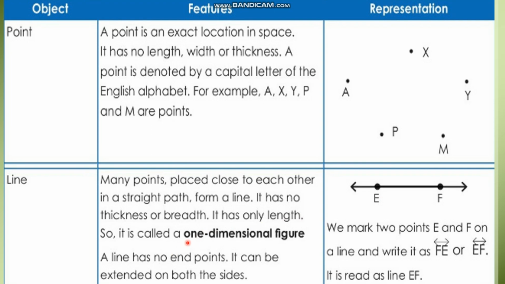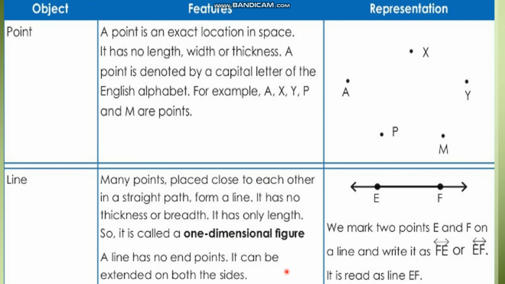What is dimension? The length, the breadth, the thickness, these all are the dimensions. Here the line has only one dimension, and that is the length. So the line is a one dimensional figure, or in short we can write it as 1D figure.